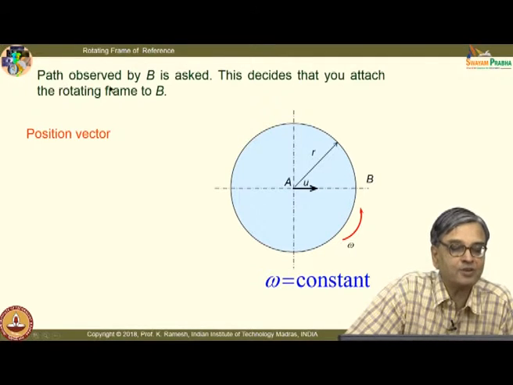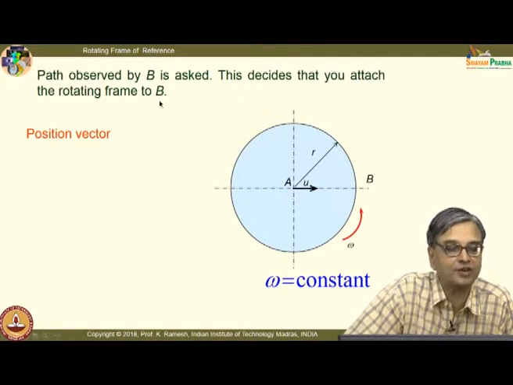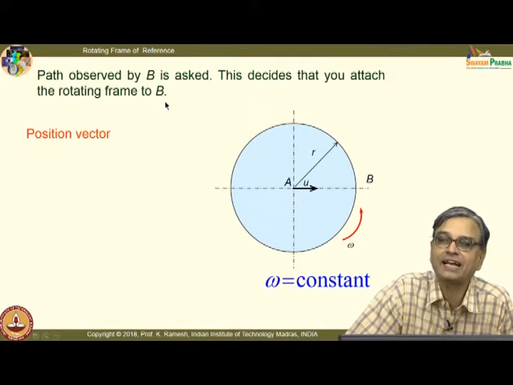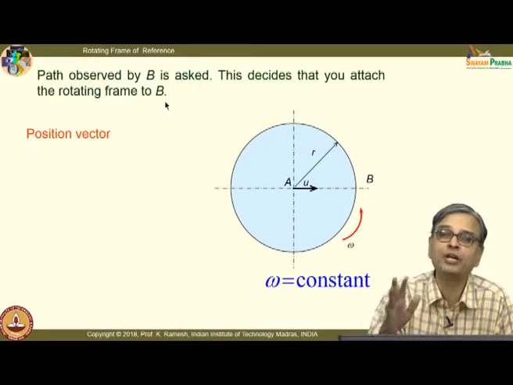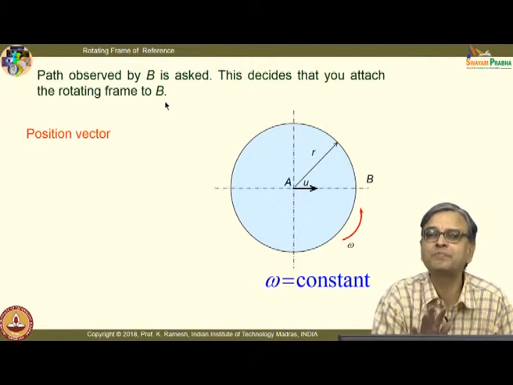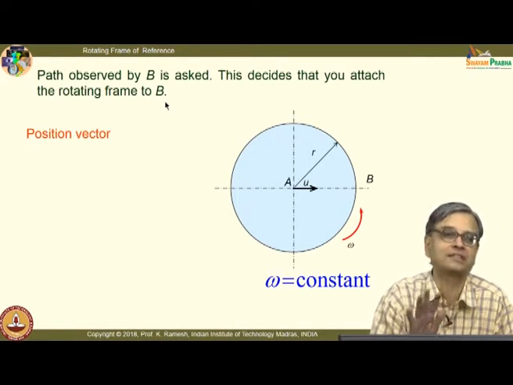So, the path observed by B is asked, so this decides that you attach the rotating frame to B. Is the idea clear? See, I have taken pains to explain in various different ways how to identify a fixed frame of reference and how to identify a rotating frame of reference. The moment you identify these, the rest of it is simple algebra which you are masters at.